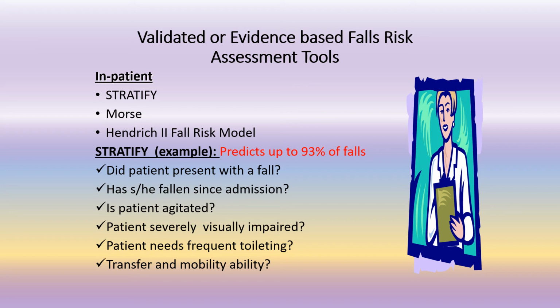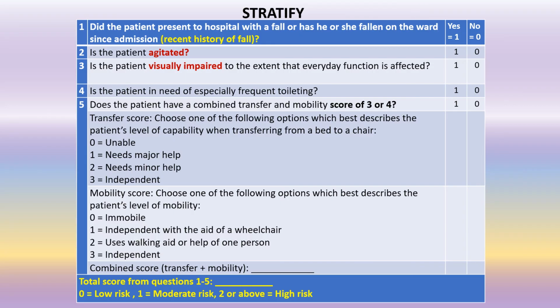Has he fallen since admission? Is patient agitated, which means that is he angry and uncomfortable? Patient severely visually impaired. Patient needs frequent toileting. Is he able to transfer and be mobile? Okay, so this is what STRATIFY looks like.